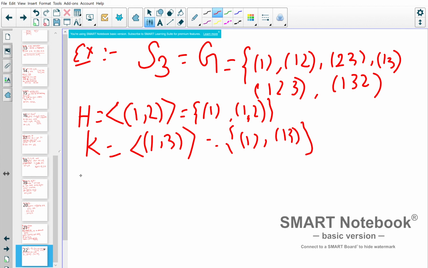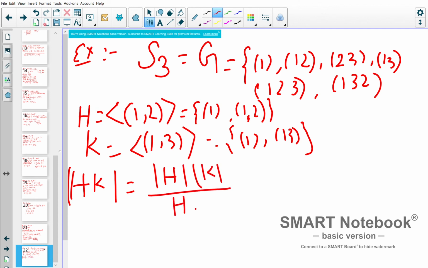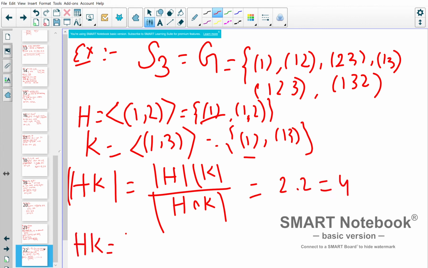So you can ask, what about HK? That tells you that the size of HK will be equal to |H| times |K| divided by |H intersection K|, right? But H intersection K has only the identity, right? So this has to be 2 times 2 equal to 4. Now check whether HK is a subgroup of order 4 or not.